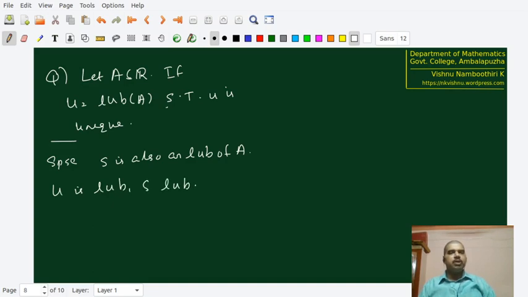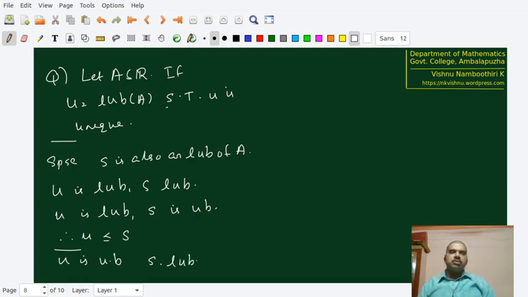We are going to slightly modify the roles. U is an LUB, and S is an upper bound. Changing the role of S into a least upper bound means that it's an upper bound, and U is the least upper bound. Therefore, U must be less than or equal to any other upper bound. Okay, now we reverse the roles. U is an upper bound, S is LUB.